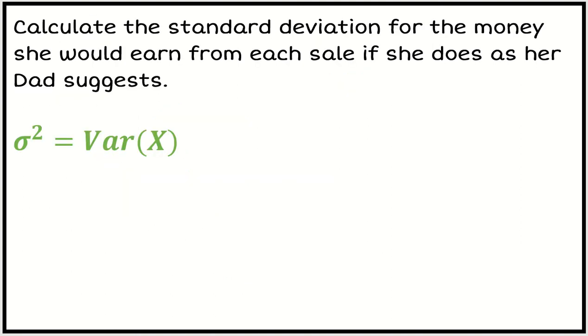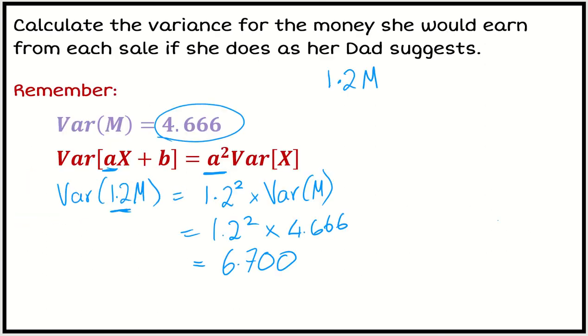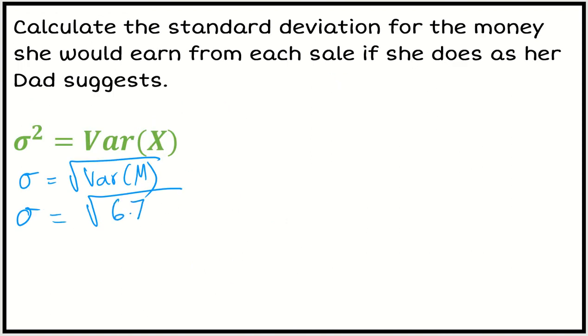Now, to find my standard deviation, we've got that formula: standard deviation squared is equal to the variance. So if I want my standard deviation, I need to take the square root of the variance of m. I found the variance on that last page, which was 6.700. So I'm going to take the square root of 6.700, and that will give me a value of $2.59.